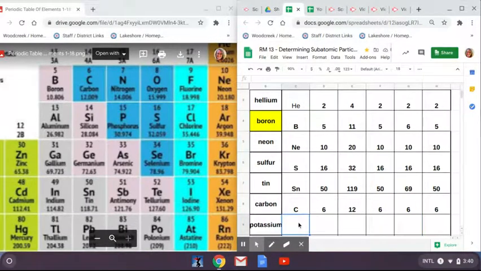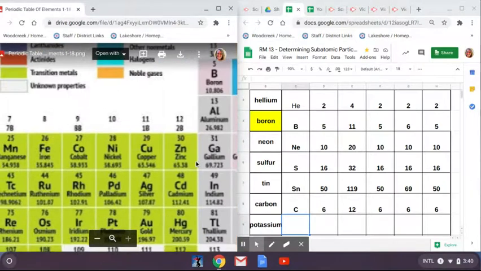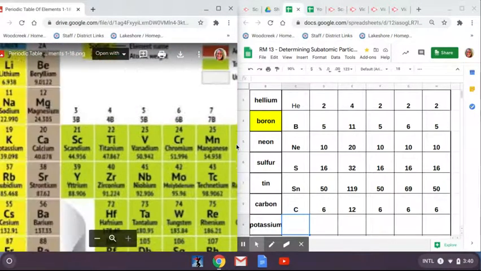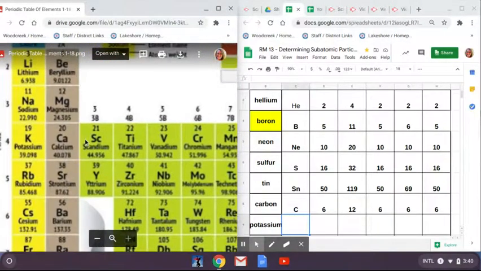Next is potassium. Now, in the past, potassium has been a little difficult for students to find because the chemical symbol is completely different than the name. But potassium is an alkali metal, so it is in the very first column right there.